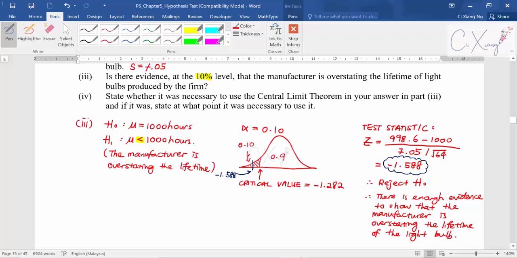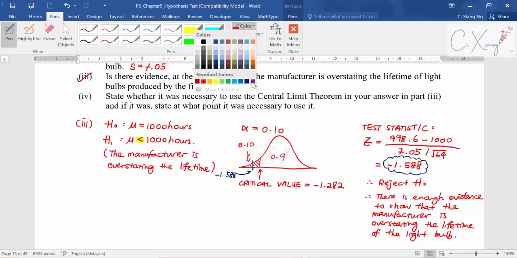Okay, so this is my complete test. You can see every step here: step number 1, step number 2, number 3 for calculation, 4 and 5 for decision and also conclusion. So this is what we have for part number 3.